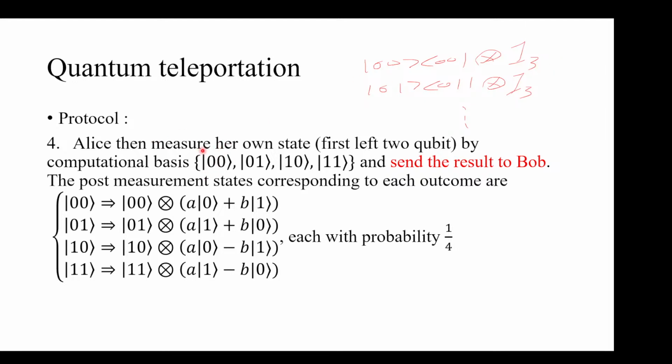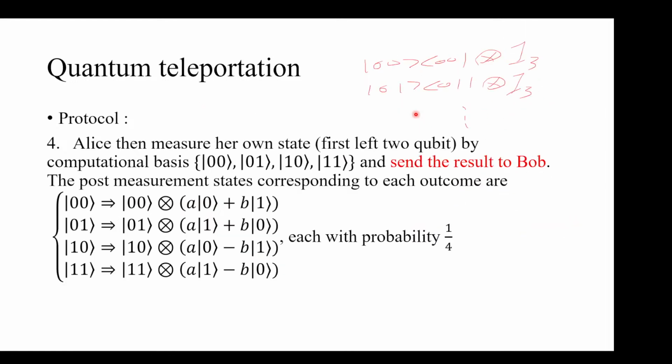So in particular, the measurement operator for 0,0 is this projector on 0,0 on the first 2 qubits, and on the whole 3-qubit system it is just this 0,0 projector tensor the identity matrix on the third one. Similarly you have the 0,1 projector tensor identity on the third one. So you have those 8-dimensional projectors, and you can act on your state.